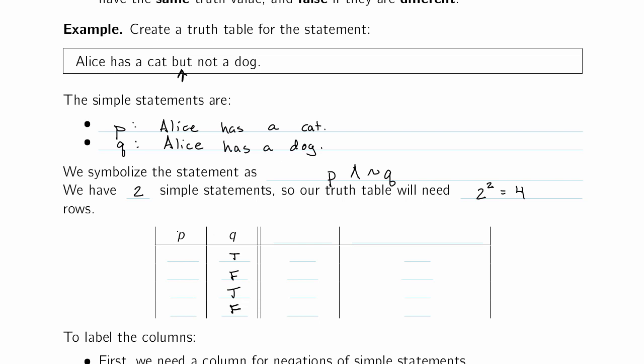And then our P statement, the statement to the left, we need 2 trues, a true with each value of Q, and 2 falses, a false with each value of Q. Technically, our goal here is to get every combination of truth values for P and Q, all 4 possible combinations. But if you lay them out in that way, it's easier to keep track of.